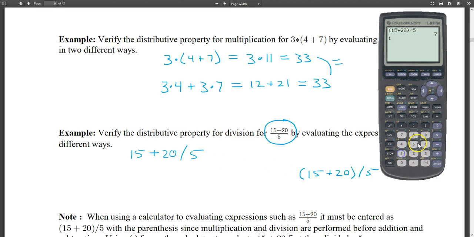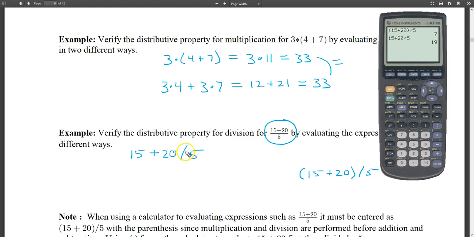We get back 19. Not the right answer. Well, what your calculator is doing here, and we will get to this when we cover order of operation, is deciding: do I do the plus first or do I do the division first? Which operation do I do first?